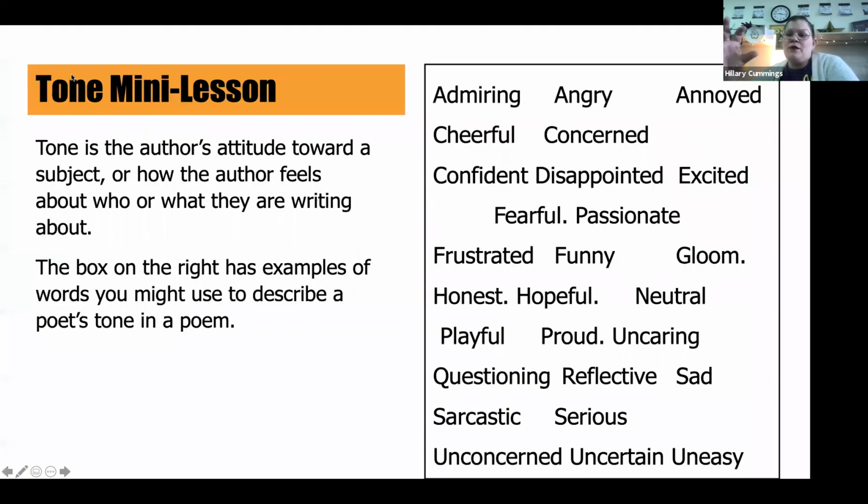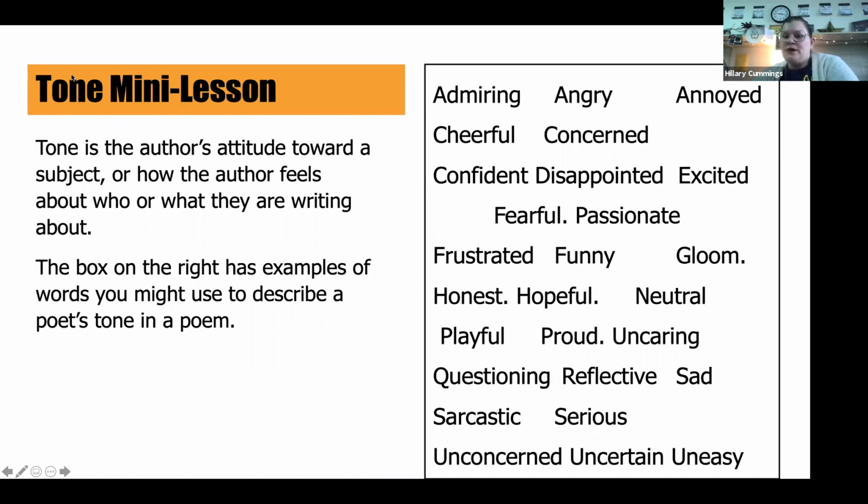So today we're looking at tone. We're working with our final 16 poems, our Sweet 16, and tone is the author's attitude toward a subject, or how the author feels about who or what they're writing about. I have some examples of words that you might use to describe a poet's tone in a poem.